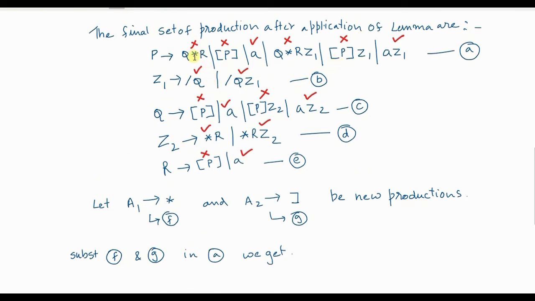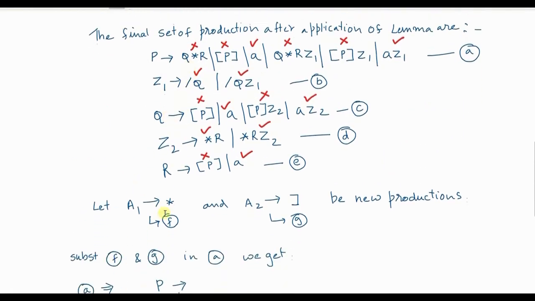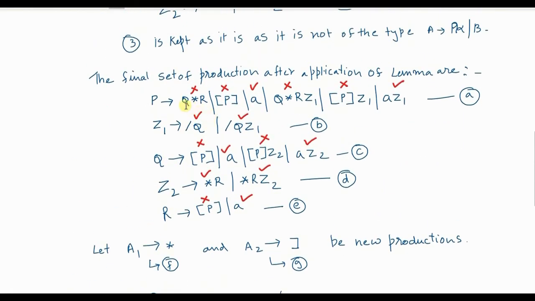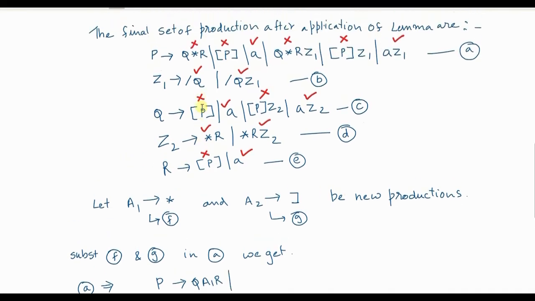This star first will be replaced with A1. So A implies, the new value of A will be P gives, wherever star is there, I'll replace with A1. So this term will be Q A1 R. Now see, this term is still not in GNF.